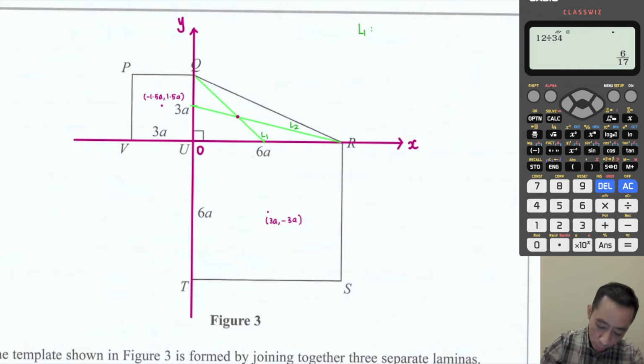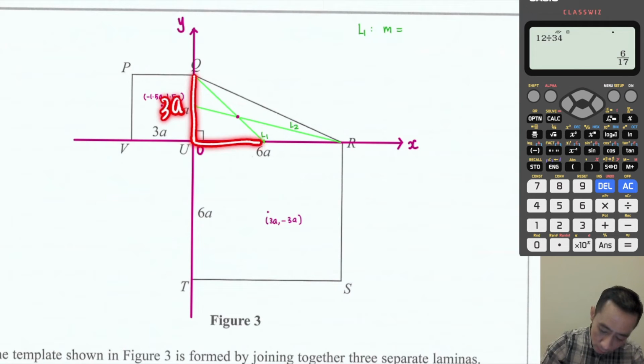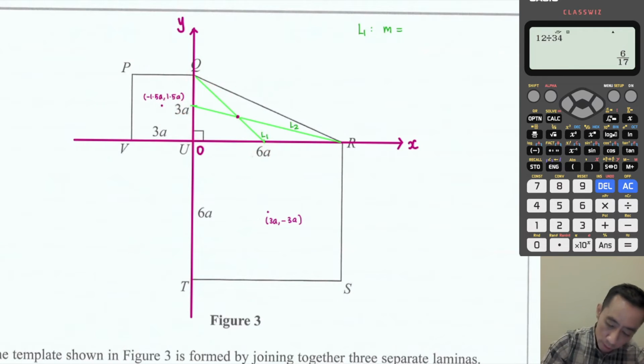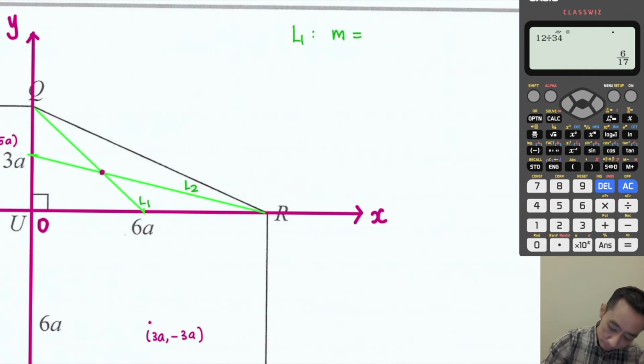So look at line 1, the gradient. The gradient here is 3a, and here is also 3a. It's going down, so the gradient is negative. I just use simple rise over run.